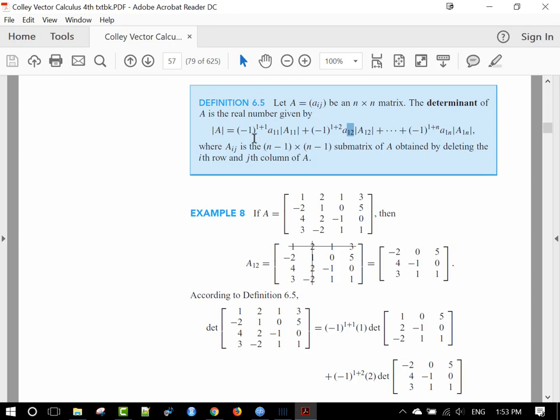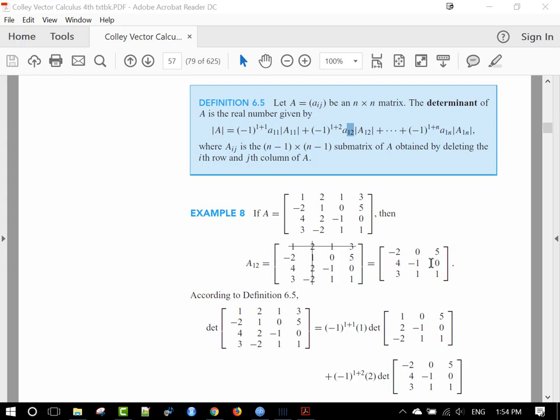So how do the minus signs and plus signs work? This is 1, 1, this is 1, 2, this is 1, n. So you can see where the exponents for the -1 come from as well. Okay, so that is the formula for the determinant of this A matrix.